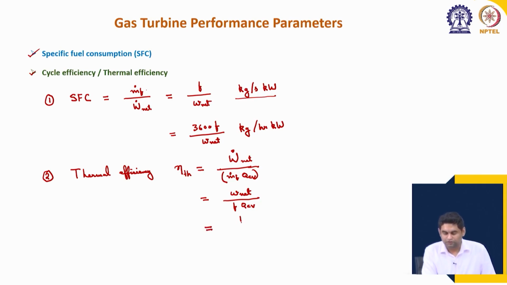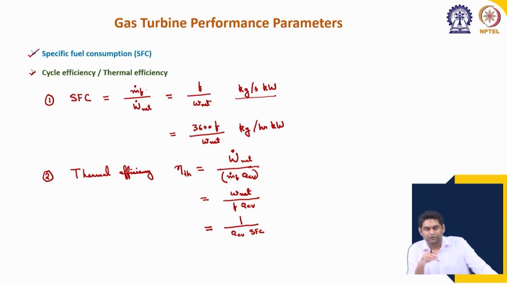This is also equal to 1 by QCV into SFC, in terms of the SI units. So, with this we finish the discussion today. These last two parameters, SFC and thermal efficiency, are very important parameters for a practical gas turbine, and when we do analysis of gas turbines, we will be focused on calculating the value of these parameters.